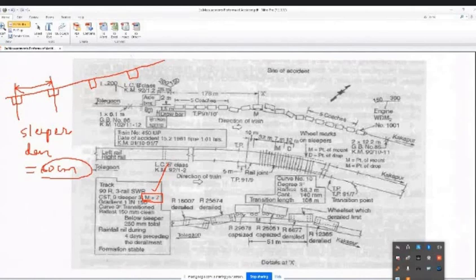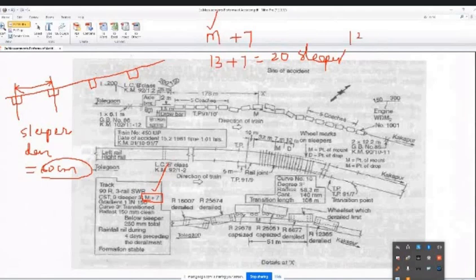It's very simple. You understand what M+7 is? M means the standard rail length, 13 meters, plus 7, so that is equal to 20. So what is this 20? 20 sleepers, placed on a 13 meter rail length.